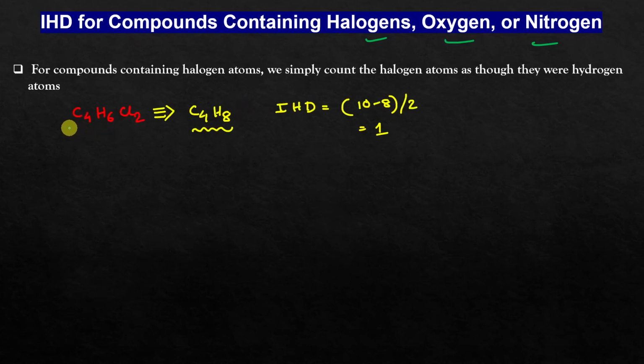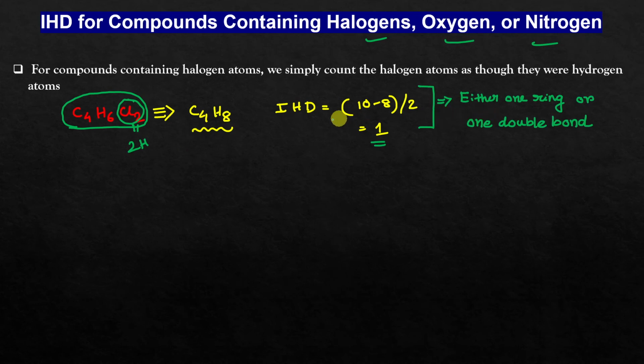Suppose you have to calculate the IHD for the compound C4H6Cl2. You simply replace the 2 chlorine atoms with 2 hydrogen atoms and calculate the IHD for C4H8. The IHD for C4H8 is simply 10 minus 8 divided by 2, that is 1.